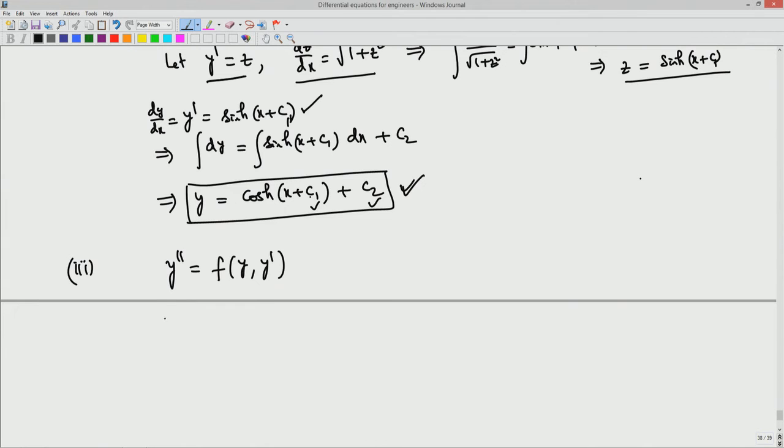So, again as usual, let z equal to y dash, then z dash, that means dz by dx equal to f of y and z. Okay.